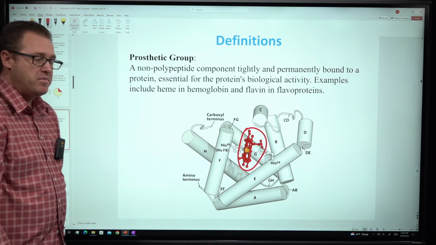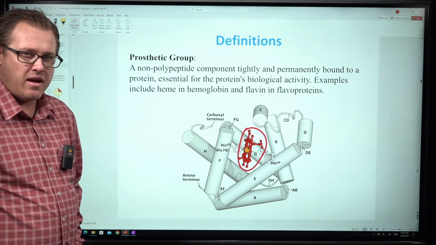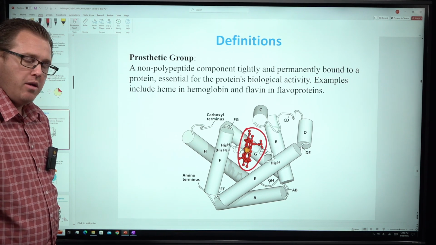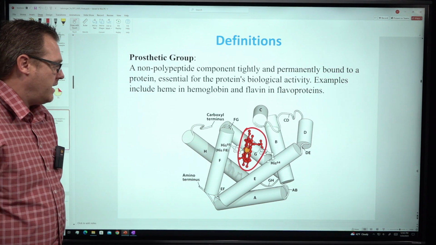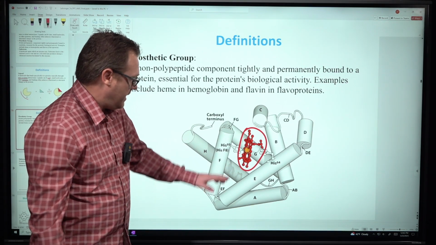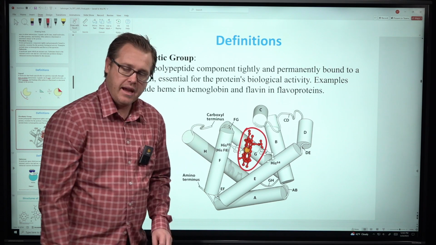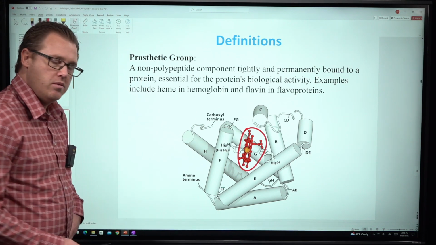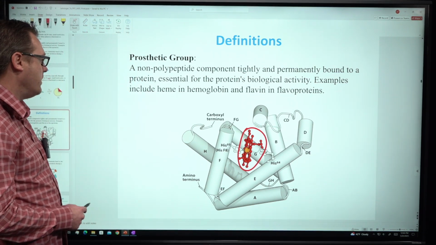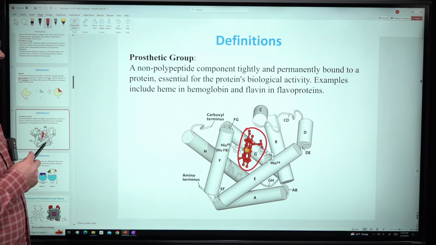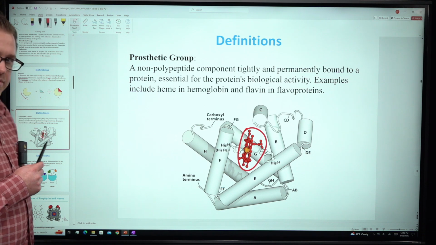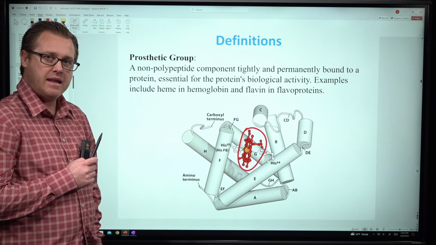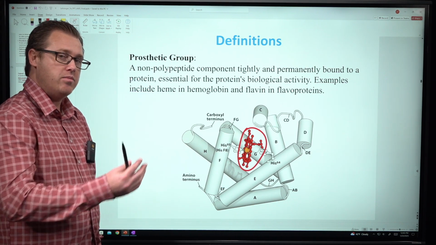So non-peptide, like organic molecules that are bound in a protein. And the heme molecule is bound and interacting in such a way as to keep the heme there. And we're going to delve into how that happens and why that's so important. So a prosthetic group is something that's not protein, that is in a protein to help serve a function.